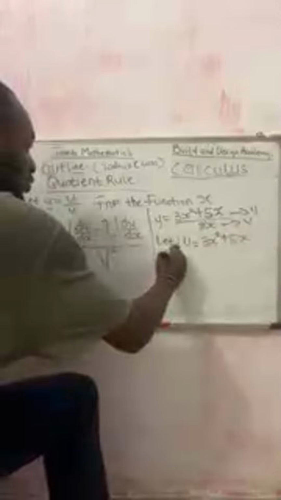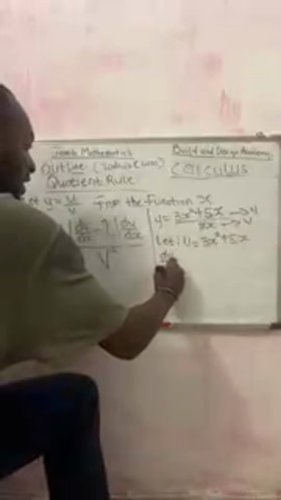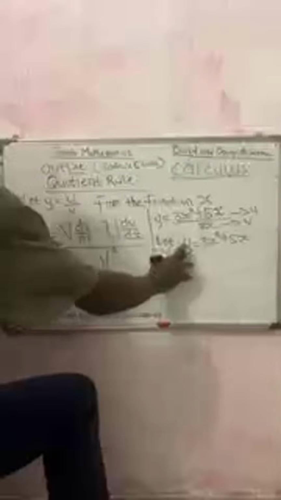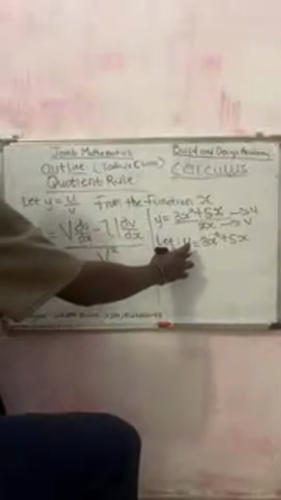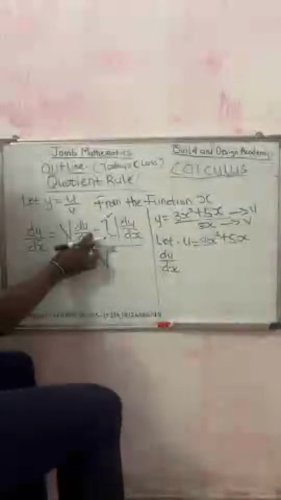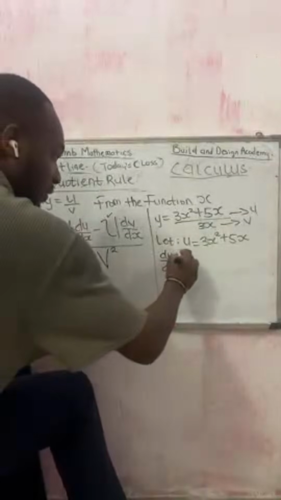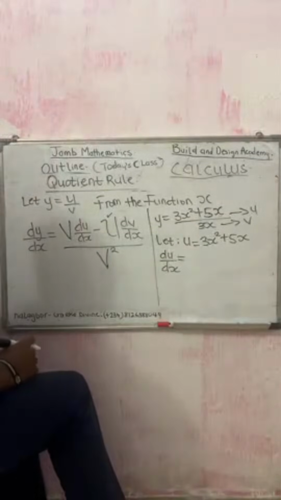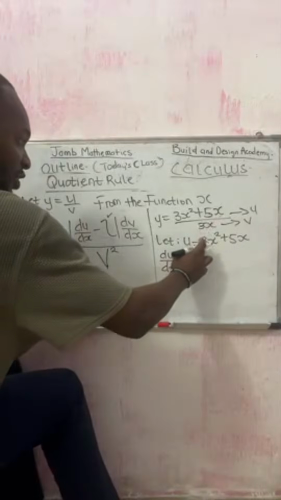Now if we differentiate u with respect to x, I will get this. We have u already, now I want to find du over dx. To do that, if we use our differentiation rule, we take the power multiplied by 3x.